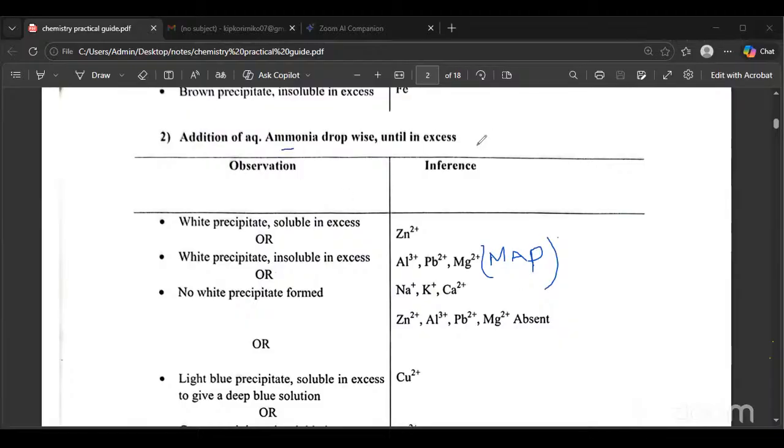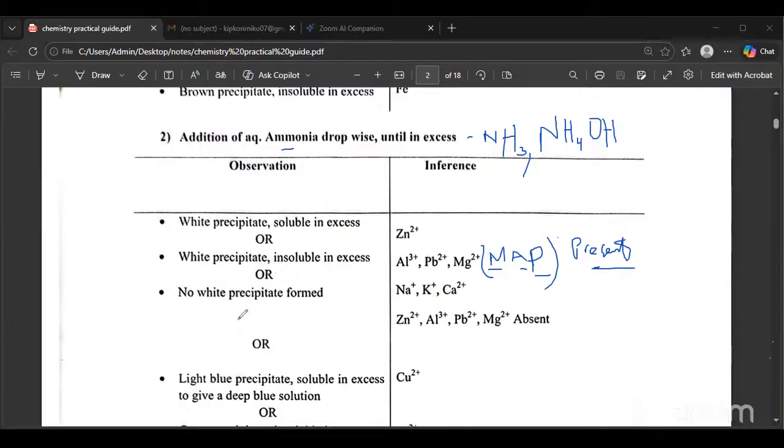Often you'll find it written ammonia, and you should not worry, it is the same thing, or ammonium hydroxide. So all these are the same. So this one is MAP present, which means when you add something and it is insoluble in excess, it is magnesium, aluminium, and lead present.